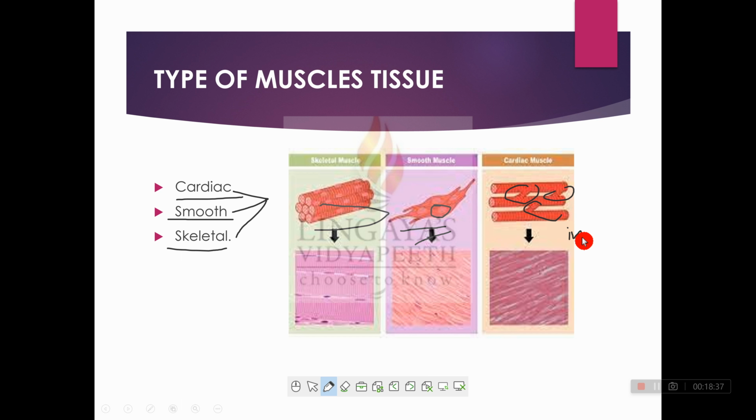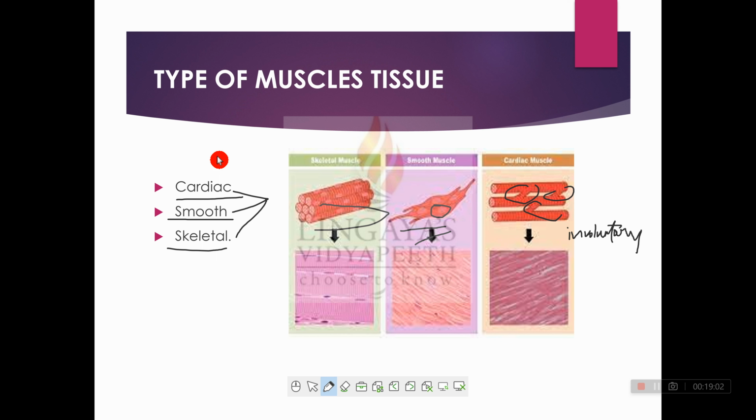Its contraction is not under voluntary control, so it is involuntary. Hope you understand the difference between the different types of muscular tissue.